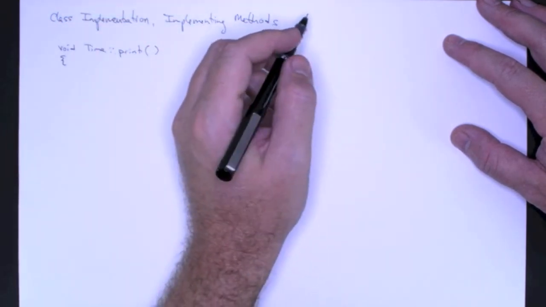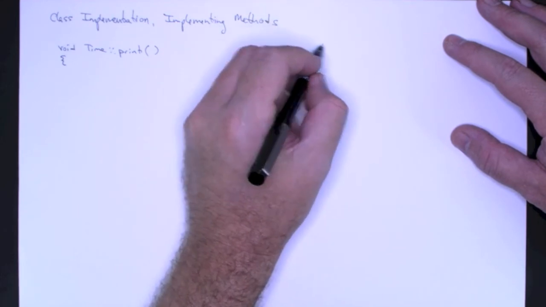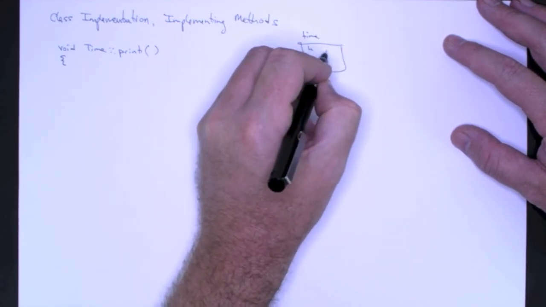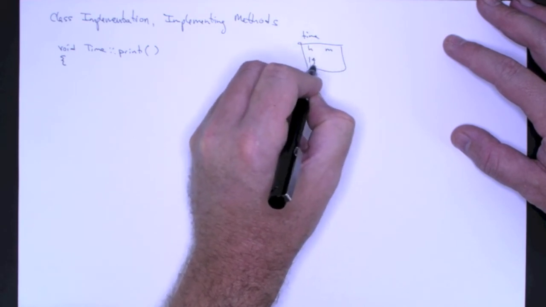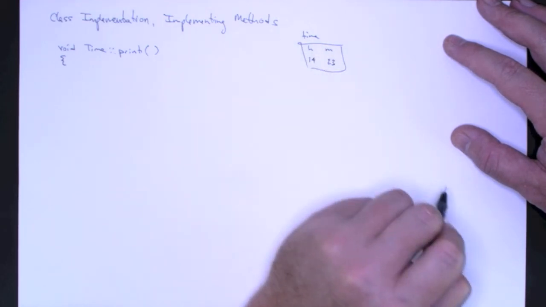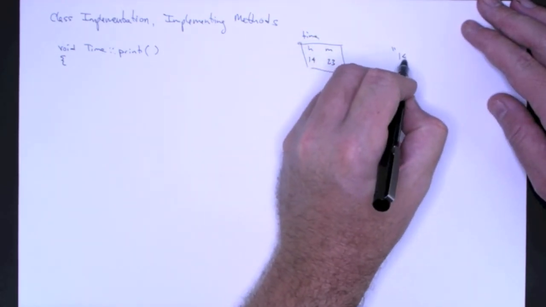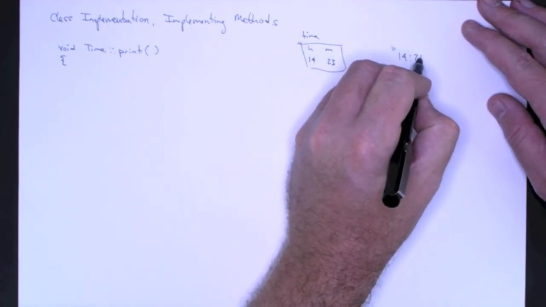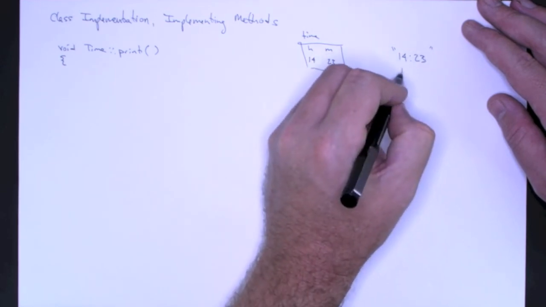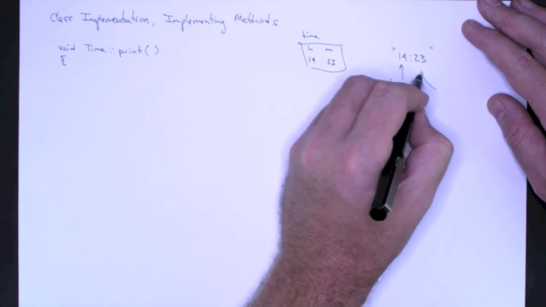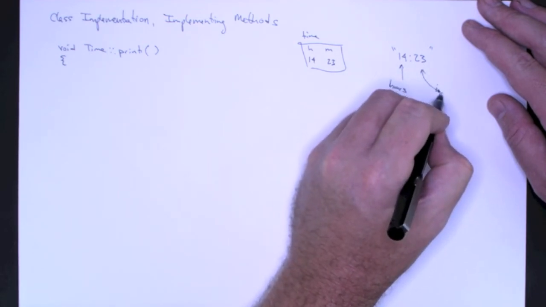So if we have a time object, let's say, and its hours and minutes are 14 and 23, then we would expect to see that printed 14:23. So we have this value stored in hours, and we have this value stored in minutes.